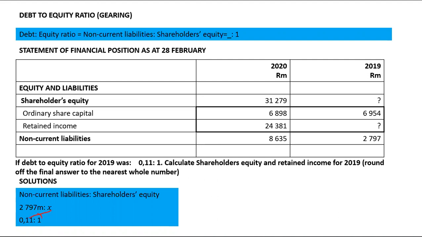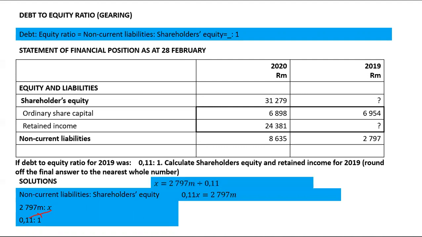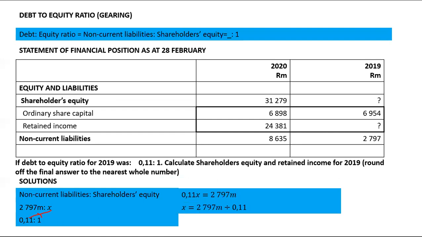And when we cross multiply, this is what we will have. How do I solve for X then? You divide by 0.11, and it'll give you X.